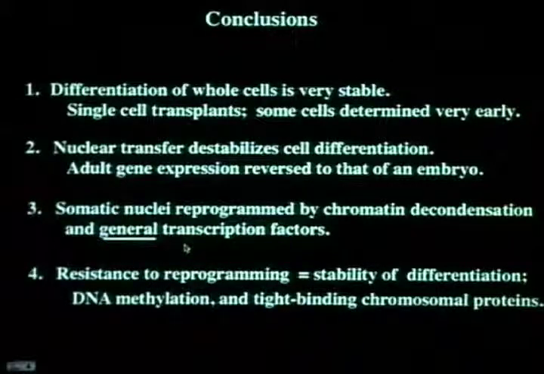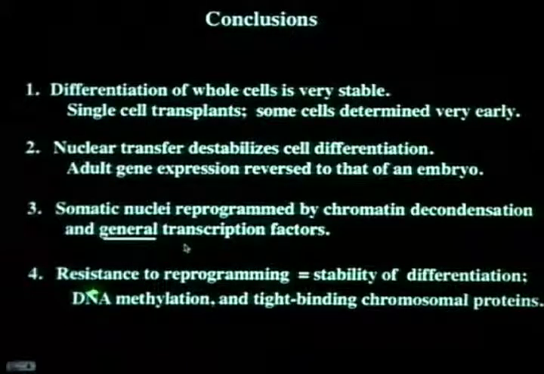So it's a combination of decondensing, opening the whole chromatin up, so access to genes is made very easy, and then a high concentration of general transcription factors that seems to account for the reprogramming.